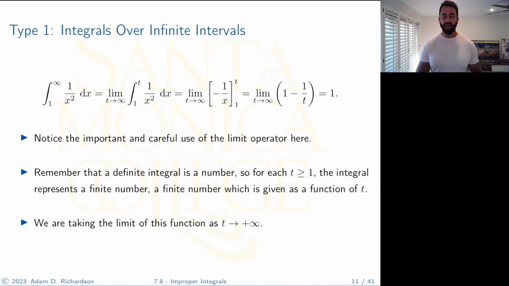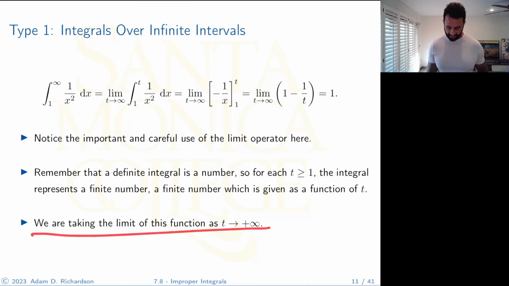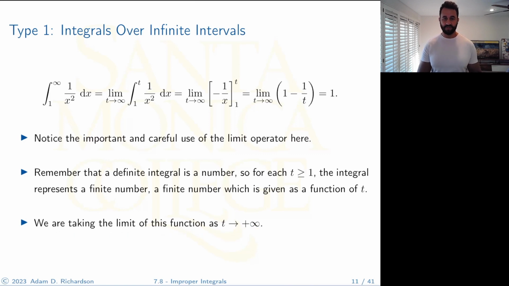That's all they are. And we're seeing where these numbers go. Where do they go? They go to 1. So that means that this thing has to be equal to 1 because that is the limit of those numbers. Yeah, and what we're doing is we're taking the limit of these area functions as t goes to infinity. So you must use the limit operator, and you must use it correctly, appropriately, and carefully. Just wanted to say that specifically.